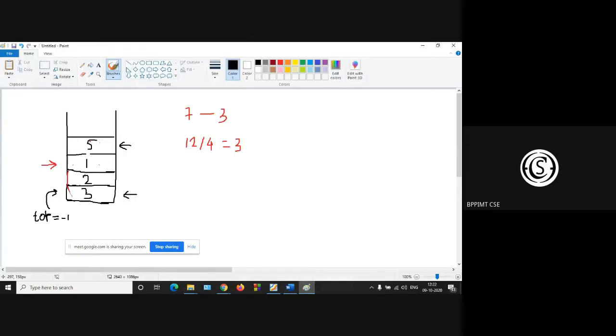When there is an operator, you have to pop the top and just below the top, so 5 and 1. You have to add 5 and 1. 5 plus 1 is 6. And you have to put this 6 here.